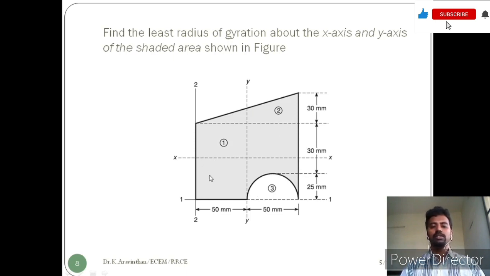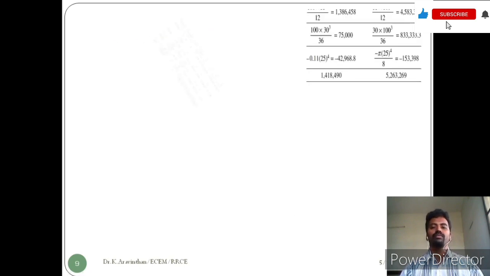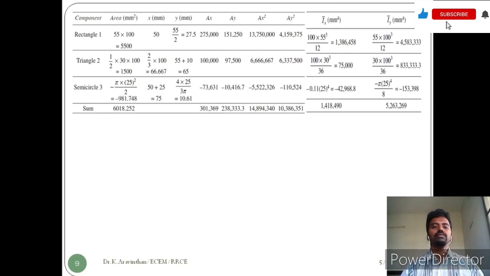The dimensions of this component are 50 and 50 here. The x and y axes are given, also the reference point, that is the left-hand side bottom corner, is taken as the origin, and I11 and I22 are given here. So let us find the radius of gyration. If you want to find the radius of gyration, you should know the moment of inertia.